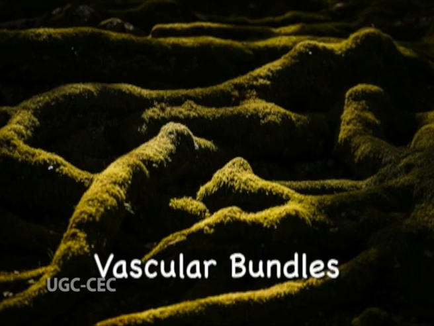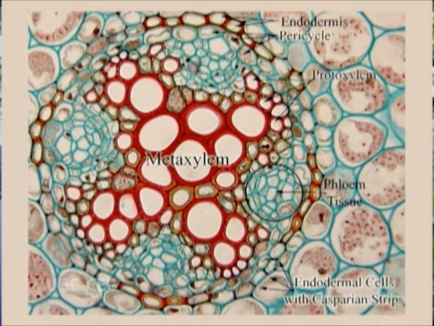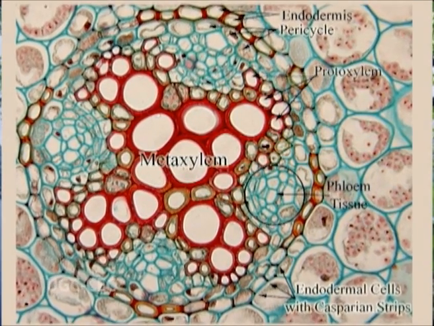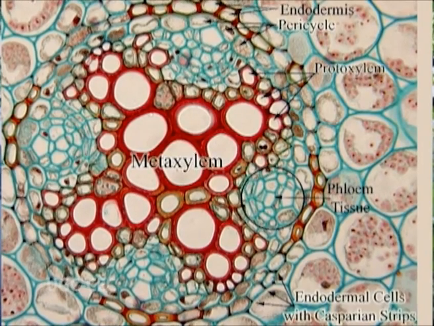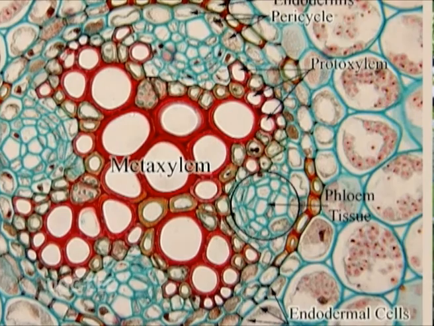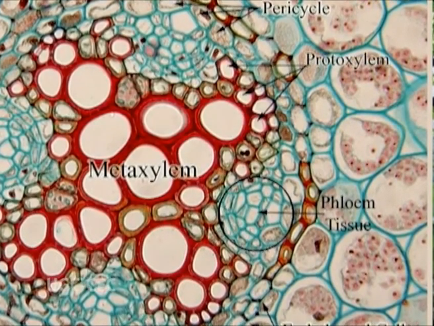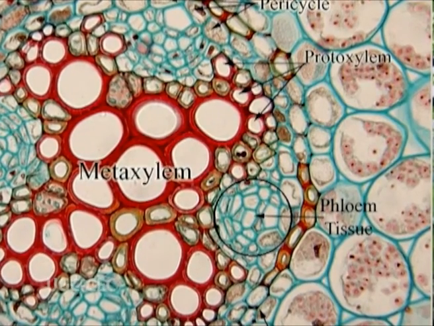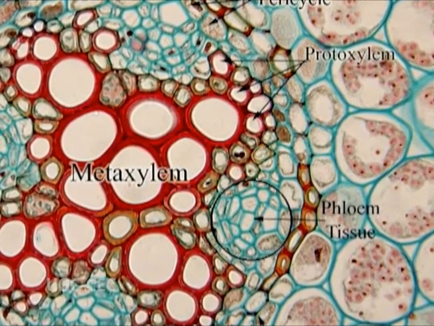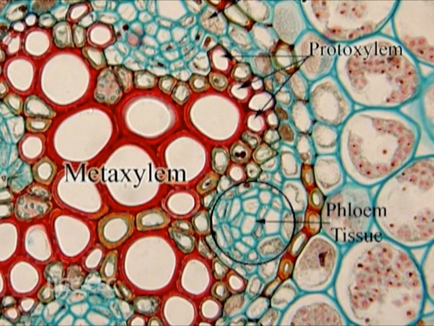Vascular bundles. Vascular bundles are radial, that is, xylem and phloem are present on different radii. Xylem is exarch, where protoxylem lies towards the periphery and metaxylem towards the center. Protoxylem have narrow tracheids and vessels, and metaxylem have wider tracheids and vessels.